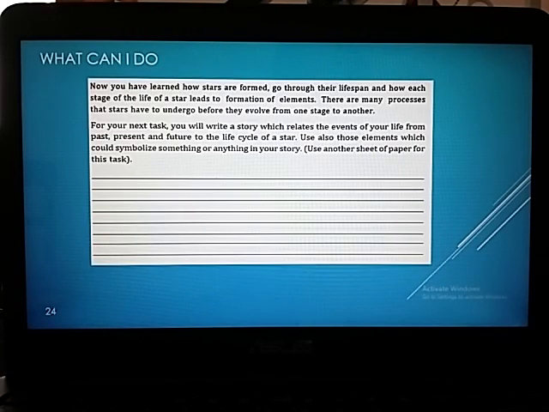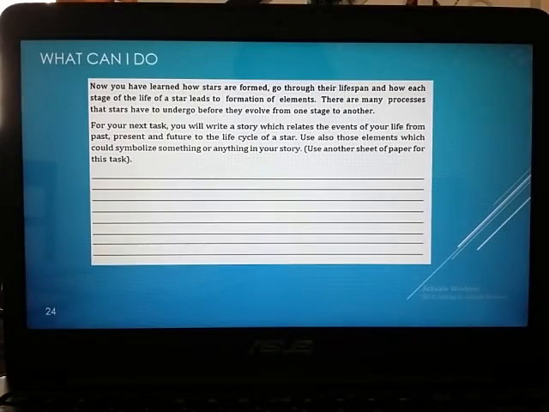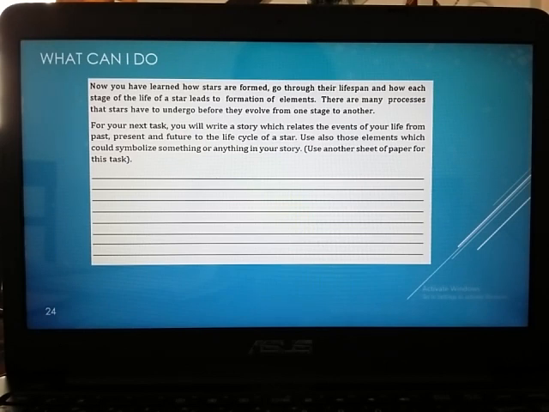So next, and the last activity. Now you have learned how stars are formed. Diba? How many stages meron? There are 7. Now, may gagawin kayo. You will write a story which relates the events of your life from past to present and future.